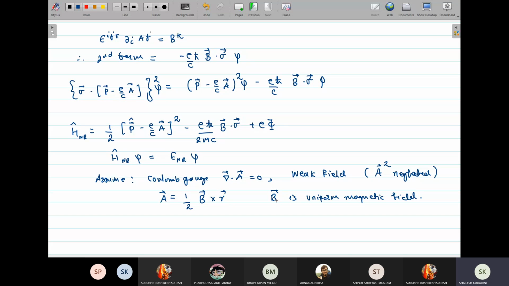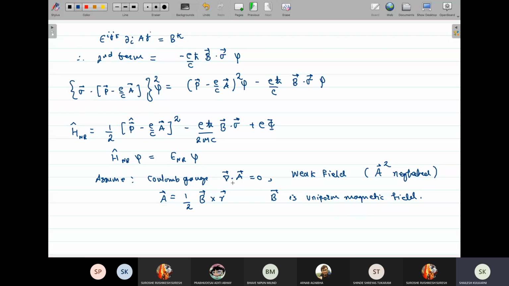B is now uniform. And I can also set phi equal to 0, but let us keep it. So you can see that this relation satisfies del dot A equal to 0. Basically, divergence of B cross R, when B is uniform, is 0.